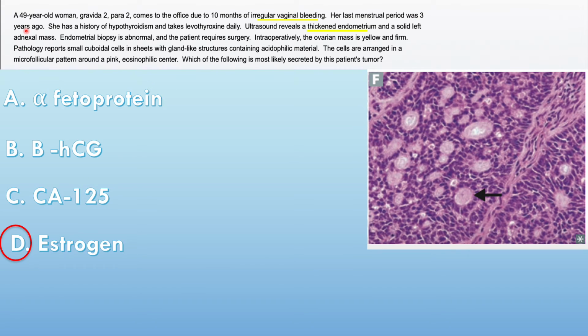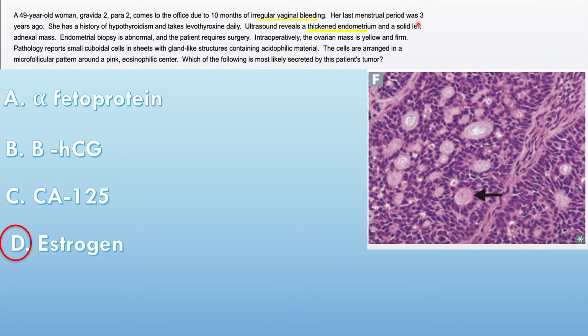Now, what is the point of saying this? The point of saying this is to tell you that she's postmenopausal. She hasn't had a menstrual period for 3 years, means she is a postmenopausal woman. And the tumor we're about to talk about obviously should be more common in postmenopausal women. So that's what the question wants you to know.